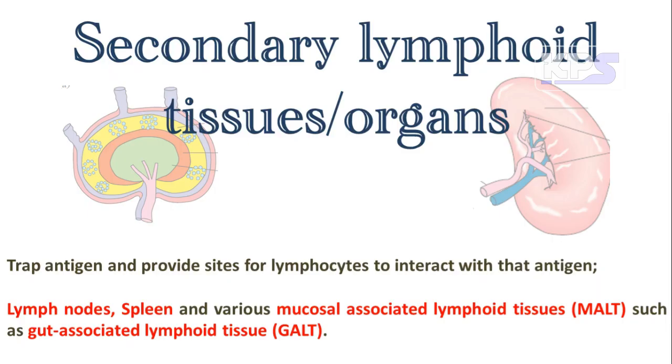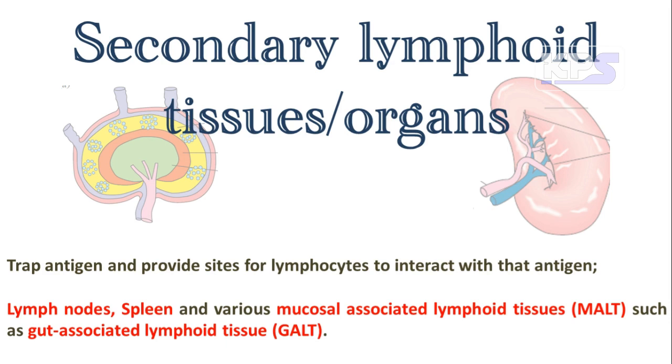Welcome back to today's topic, that is secondary lymphoid tissue or organs. In the last episode we talked about the primary lymphoid organs, the thymus and bone marrow, where B and T lymphocytes are developed and matured.